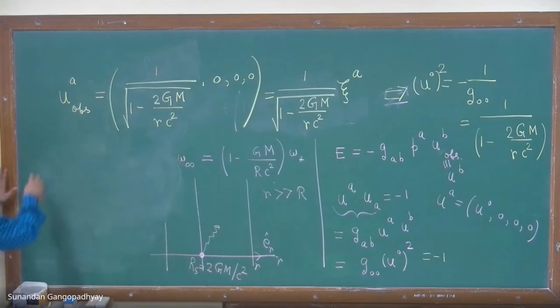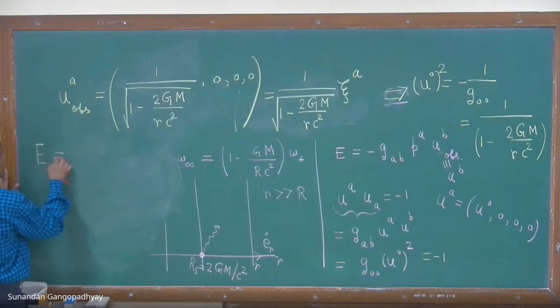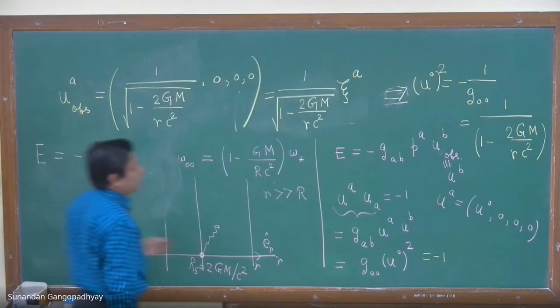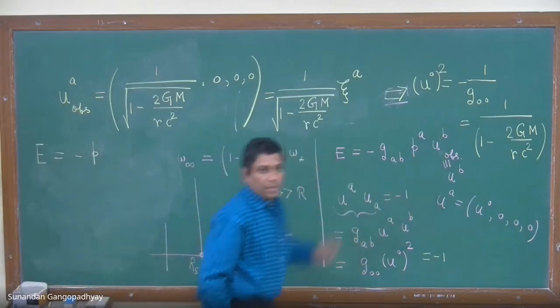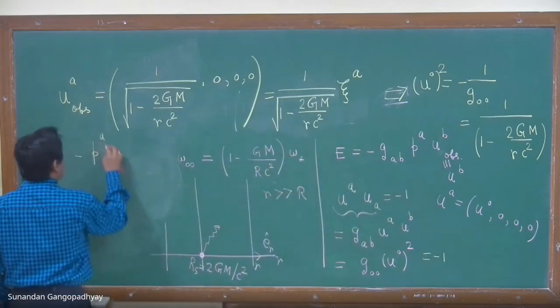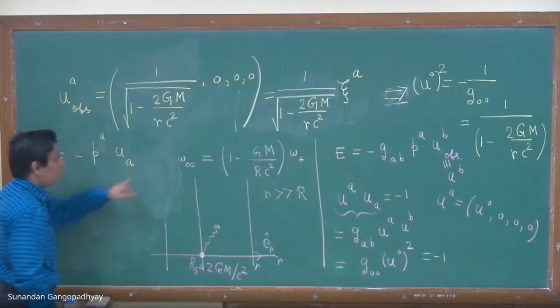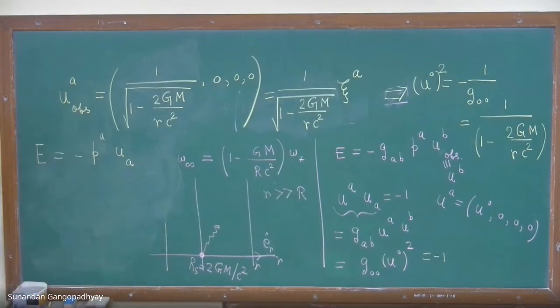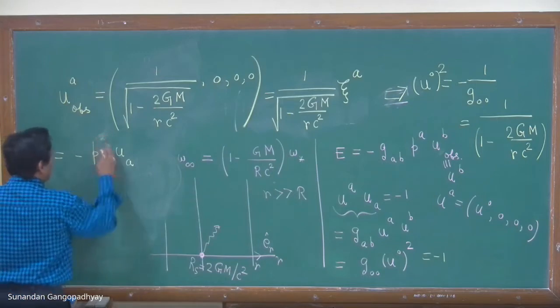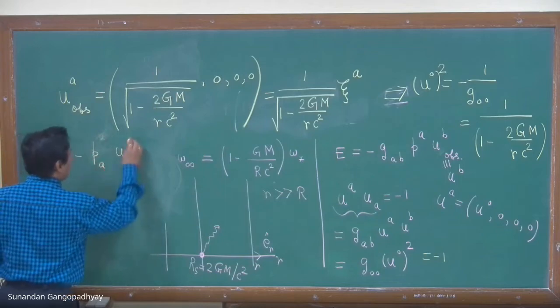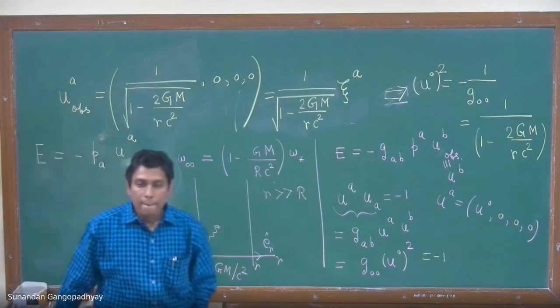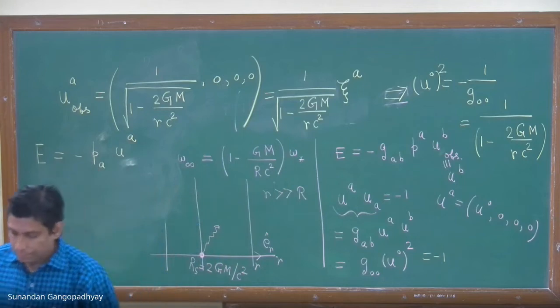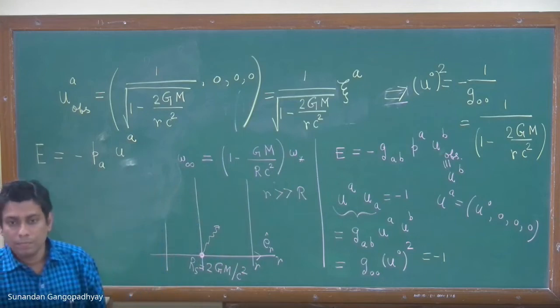Now let us calculate capital E. Capital E, by the way, you can write as P_A U^A. I'm not writing observer anymore, but remember that there is something observer. So E is equal to this. That means along the Killing vector, the observer doesn't feel the effect of the metric.